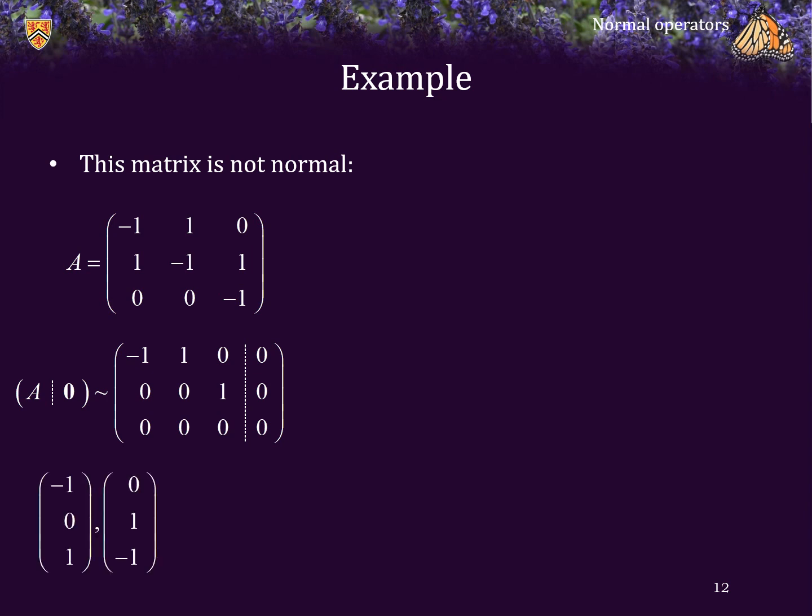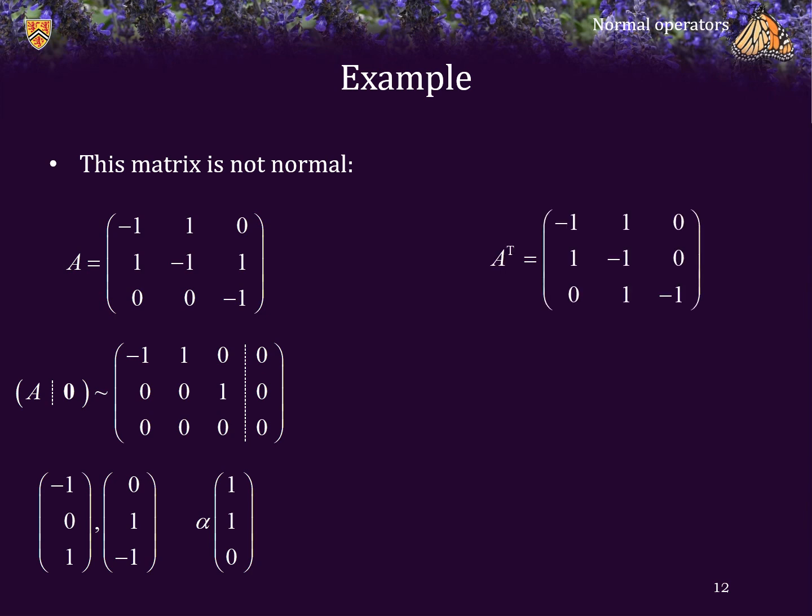Also, if we solve the homogeneous system of linear equations, we get that a basis for the null space is this vector here. You will notice that the null space is not perpendicular to either of those two basis vectors.